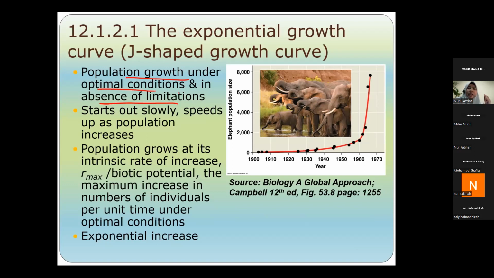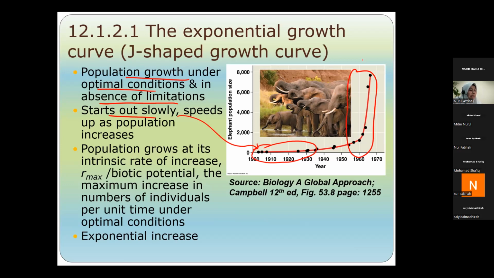Ingat balik, what is absence of limitation? Meaning an abundance of resources. So the population growth starts out slowly, as you can see from this picture of elephant population growth. The growth started out slowly, right? And it speeds up as the population increases.